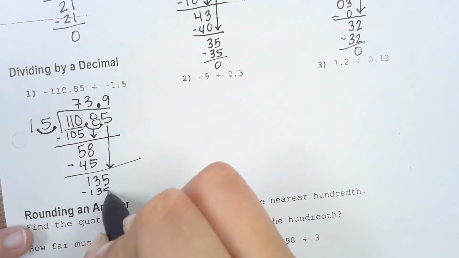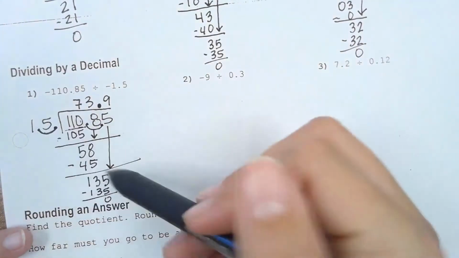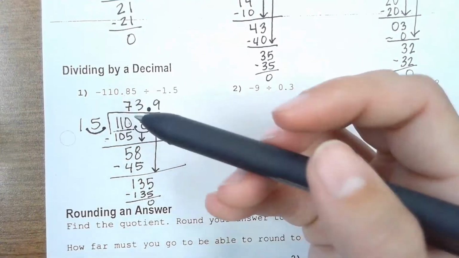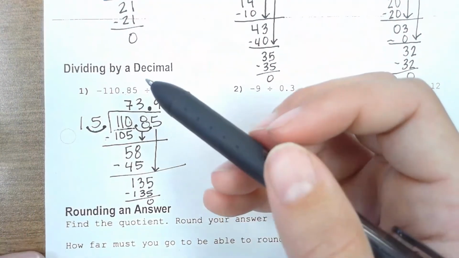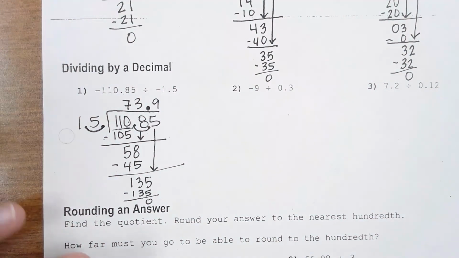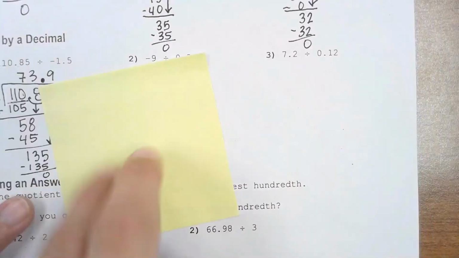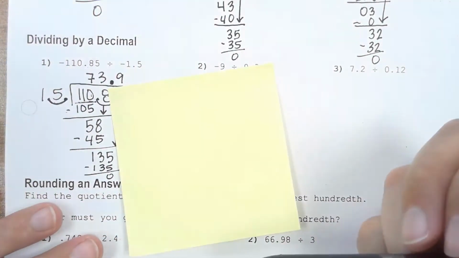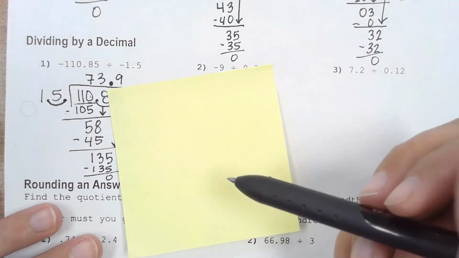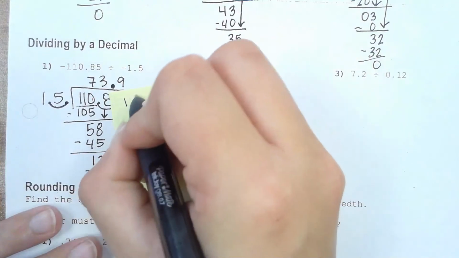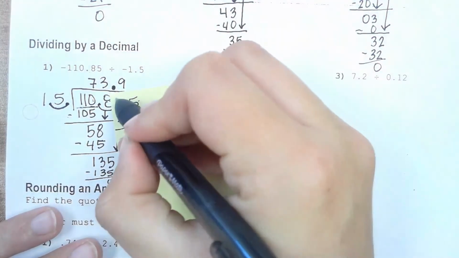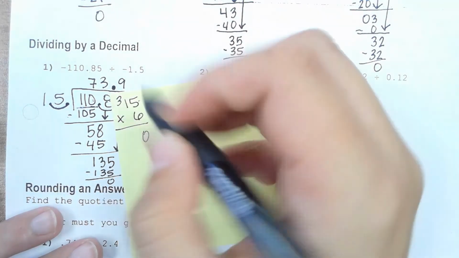And if you don't know how many times a number goes into something, you may have to get a separate sheet of paper and just start writing down the different scenarios. If I had a notepad, and I really had no idea how many times 15 goes into 110, just start guessing. Let's say you wanted to try 6. 6 times 5 is 30. 6 times 1 is 6 plus 3 is 9.